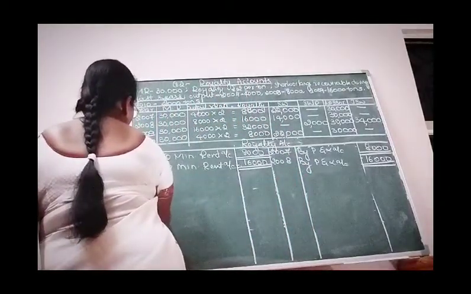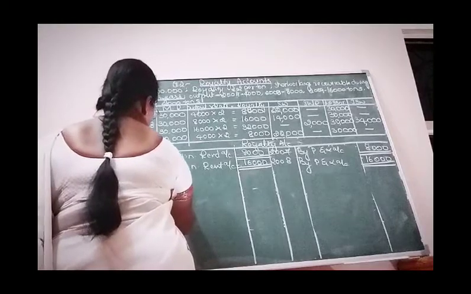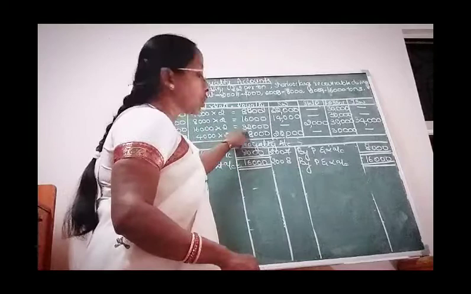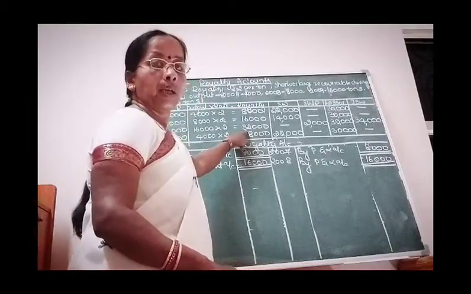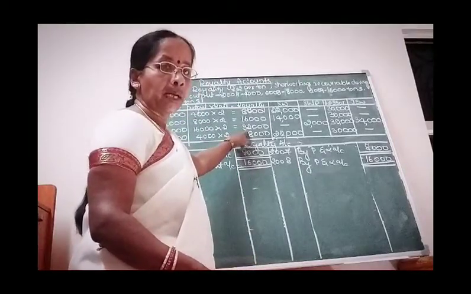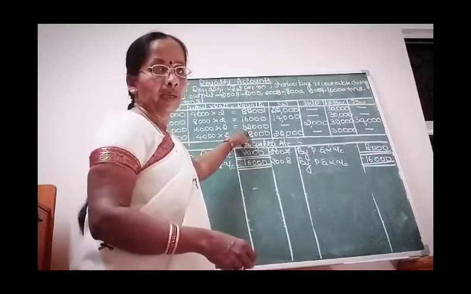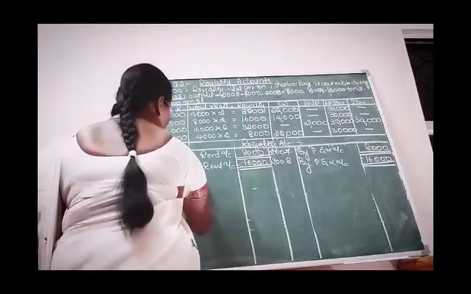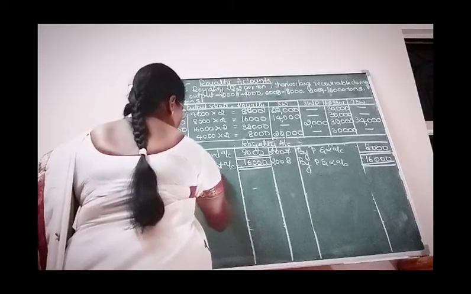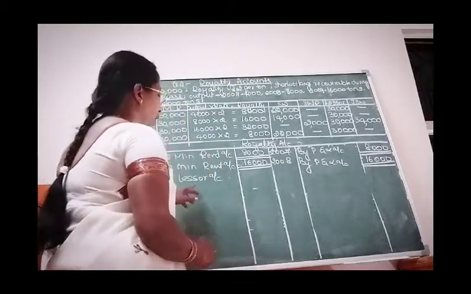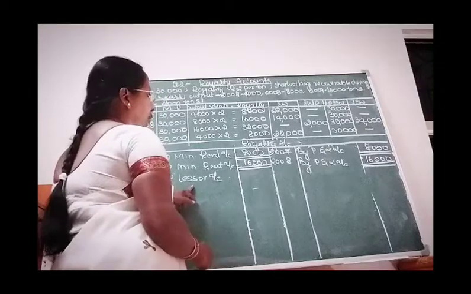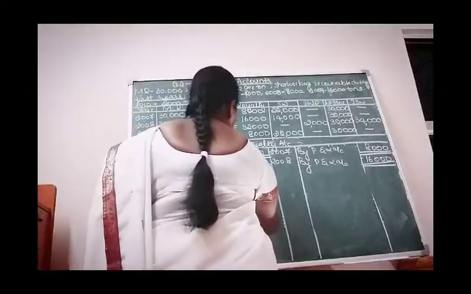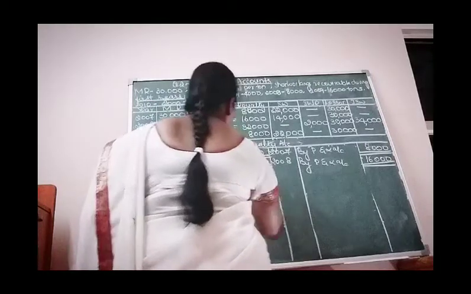Third year 2009. Now in 2009, 32,000 is the royalty. This is not paid towards the minimum rent. This is more than minimum rent. Correct? So this is a direct payment to the lessor only. So instead of writing minimum rent, you transfer it to lessor account itself. We are paying 30,000 rupees to lessor.